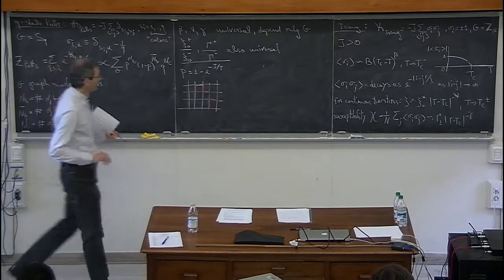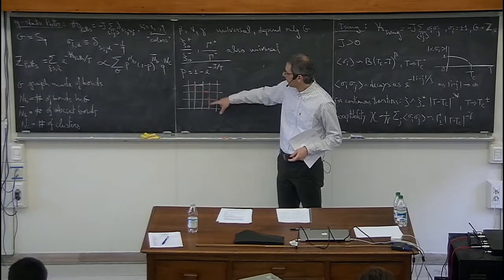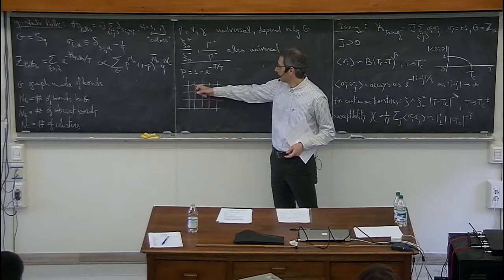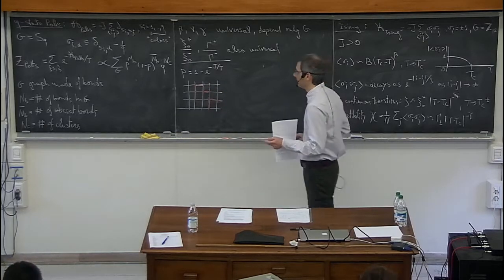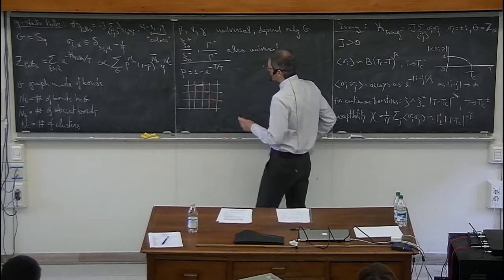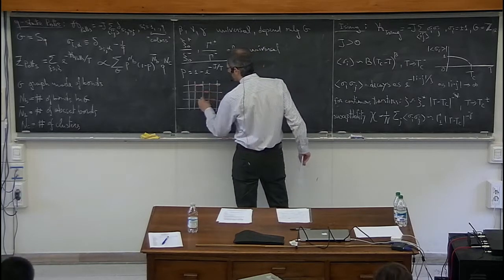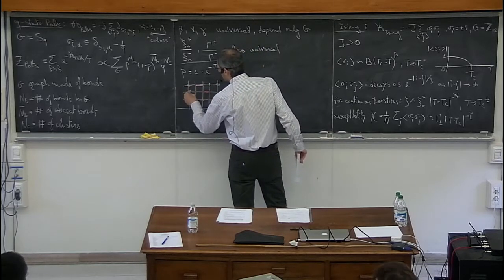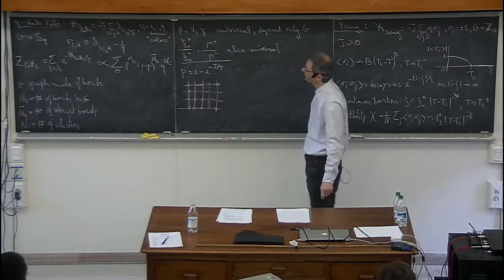I call clusters the connected components in the graph. So here you would have 1, 2, 3. But there is a subtlety here: in this mapping, you also have to count as a cluster the sites which are not touched by any bond. So all these sites also have to be counted as clusters.